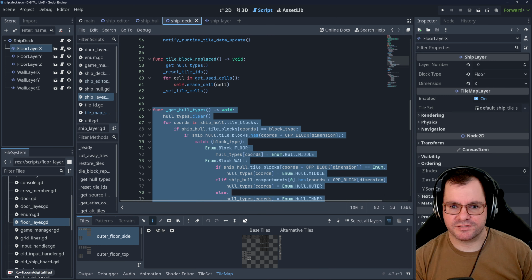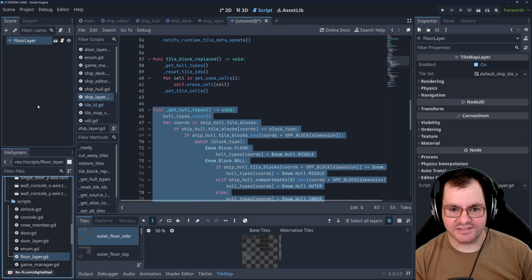We might end up flipping it and organizing by concept or entity or something like that. Okay, floor layer. So floor layer extends ship layer. And right now, you actually need two functions. You need that function and this function.